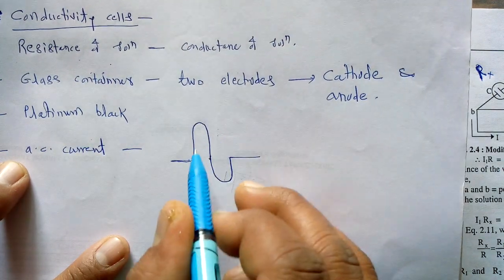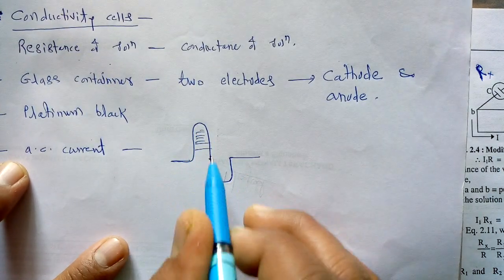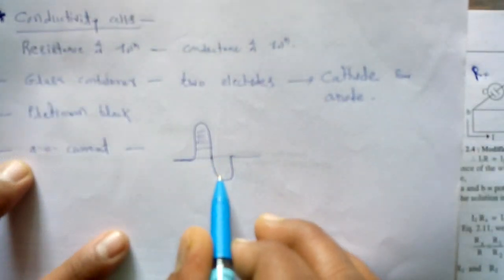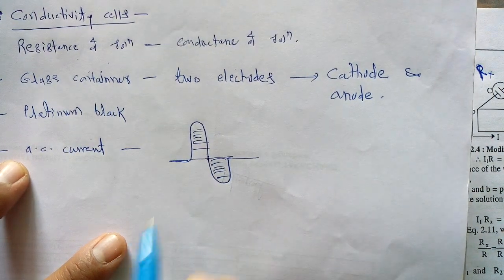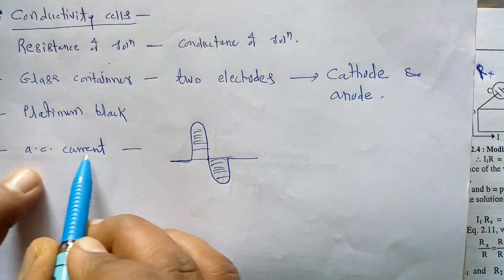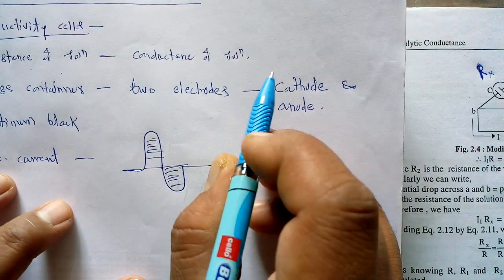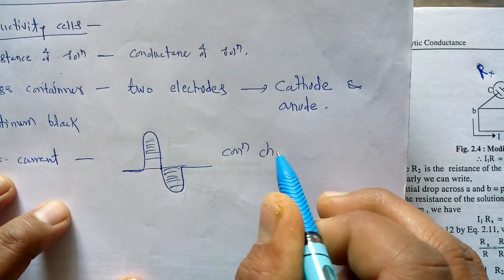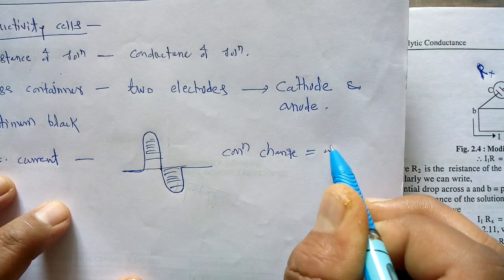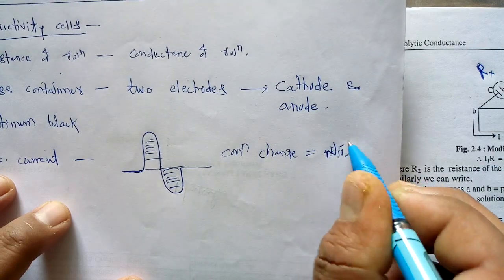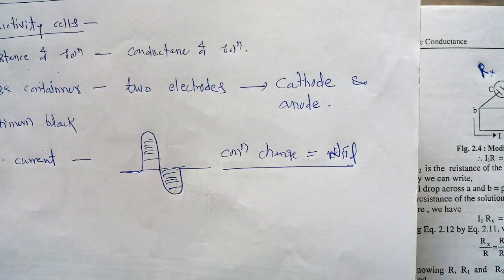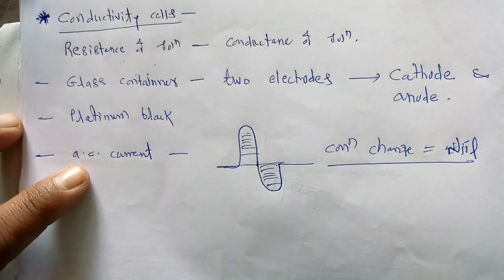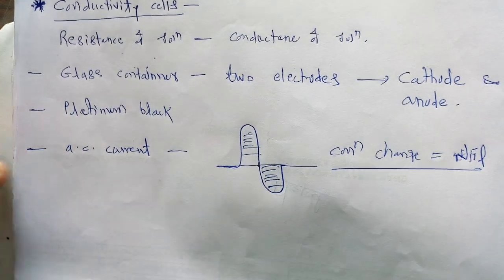So the concentration change made during the first half cycle gets nullified by the same concentration change with opposite sign at the second half cycle, and so whenever AC current is used, the total concentration change remains nil. There is no net concentration change in this AC current application. So for this purpose, nowadays AC current is commonly used as a source in these conductivity cells.